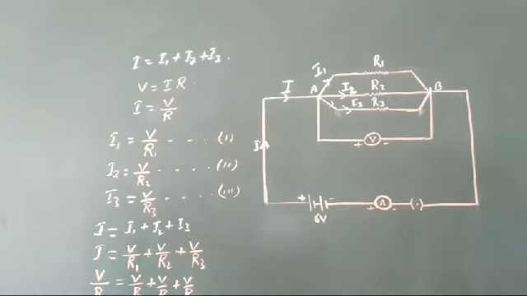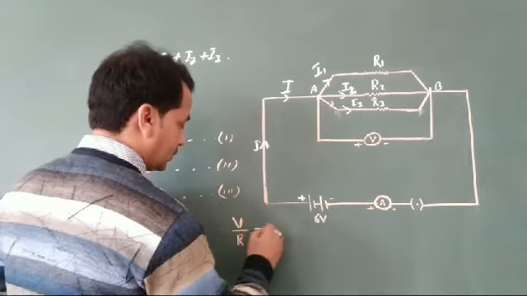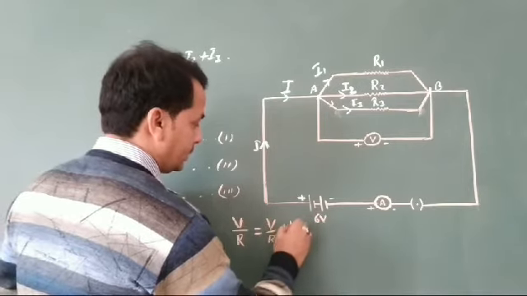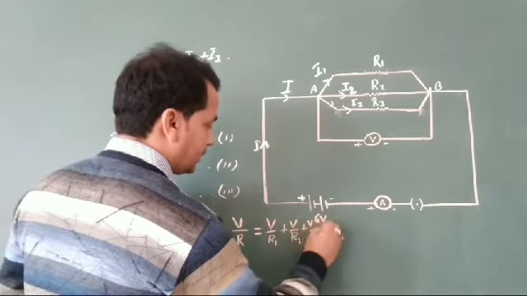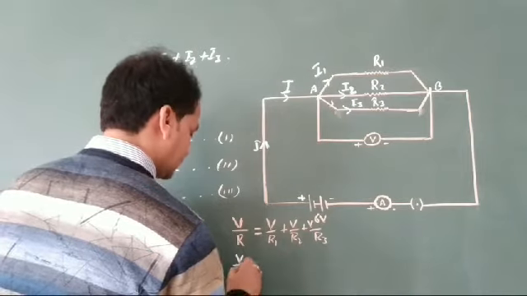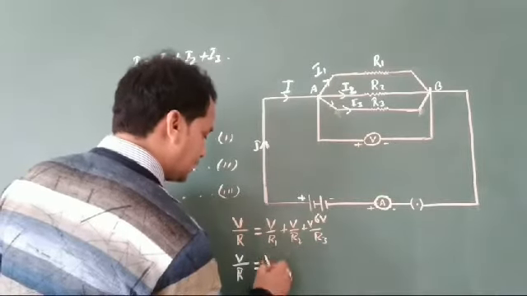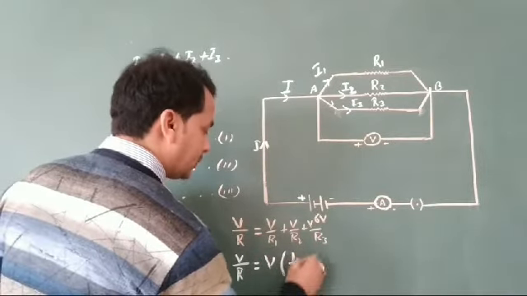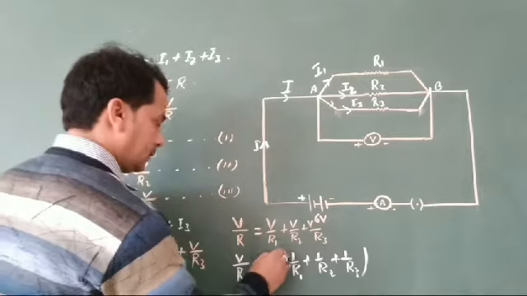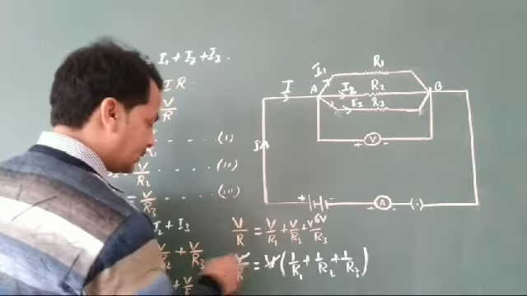Then V by R equals V by R1 plus V by R2 plus V by R3. The potential difference is the same on both sides, so there is a common V, and 1 by R equals 1 by R1 plus 1 by R2 plus 1 by R3. Here R1, R2 and R3 are in parallel combination. So the equivalent resistance is the sum of the reciprocals of the given resistors: the reciprocal of R1 is 1 by R1, of R2 is 1 by R2, and of R3 is 1 by R3.